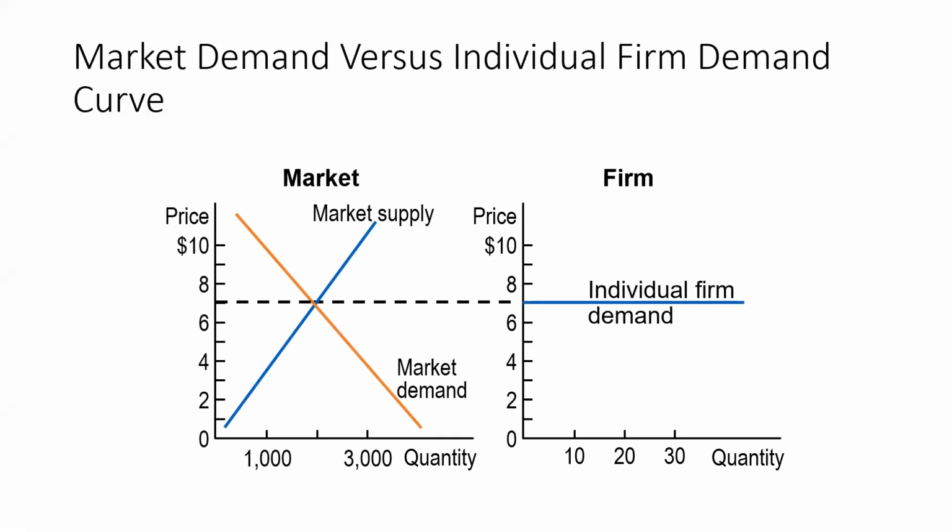There is a large number of sellers in the market. A single seller cannot influence the determination of price. They are producing a negligible portion compared to the total production of the market, a very small quantity.